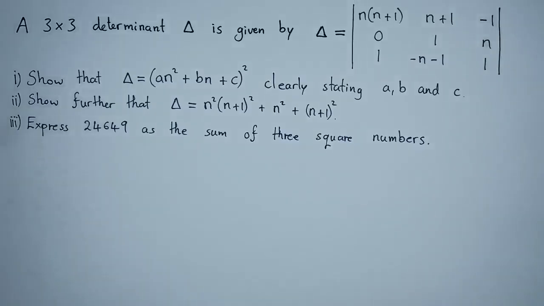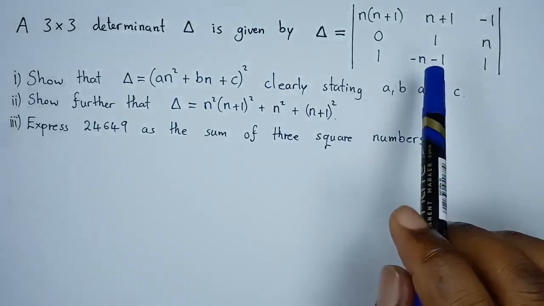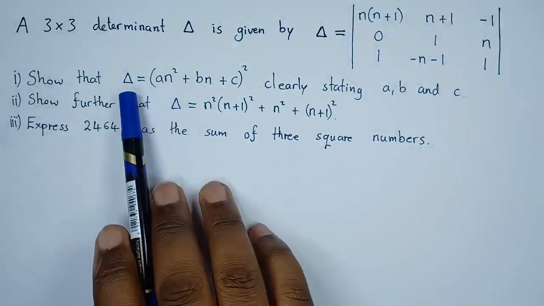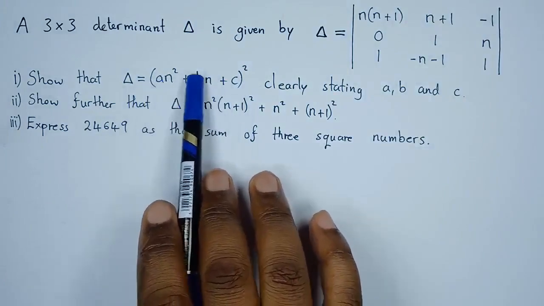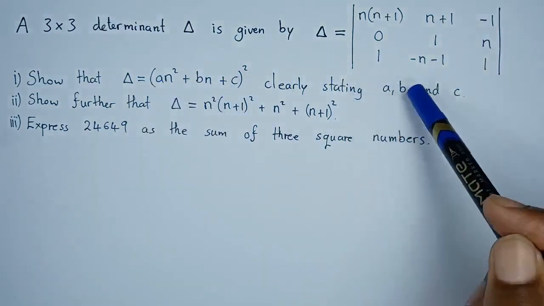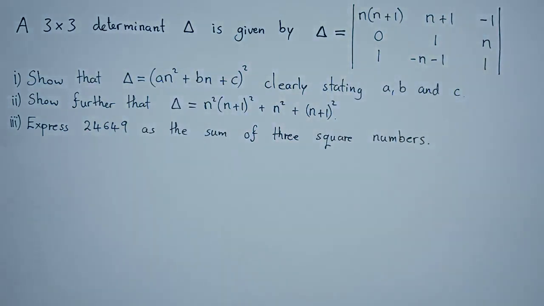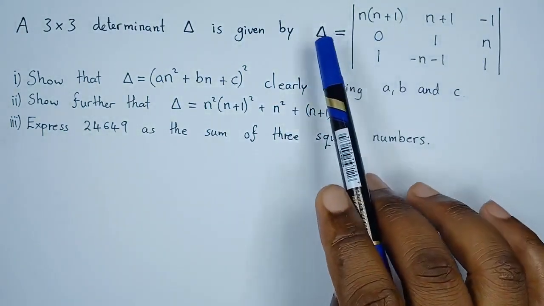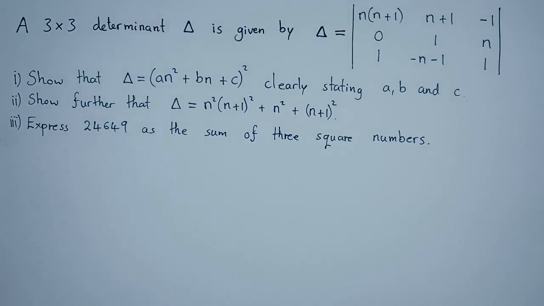So a 3 by 3 determinant is given by this 3 by 3 matrix. The question is, show that the determinant can be reduced to this, clearly stating the values of A, B, C. So for this 3 by 3 matrix, all we need to do is find the determinant.